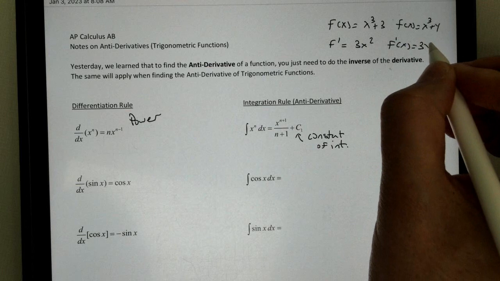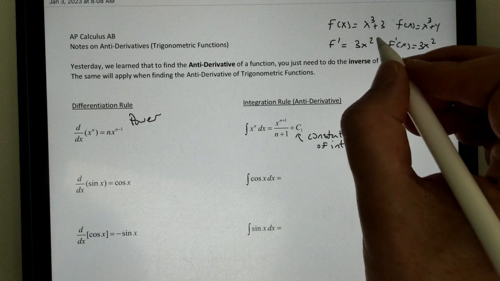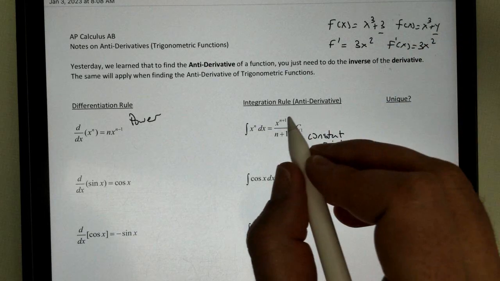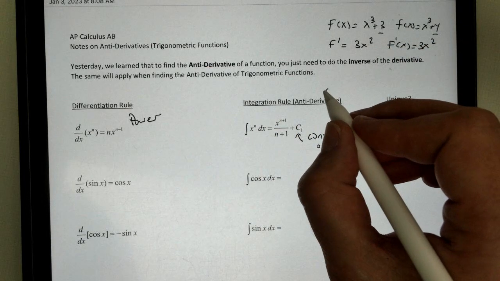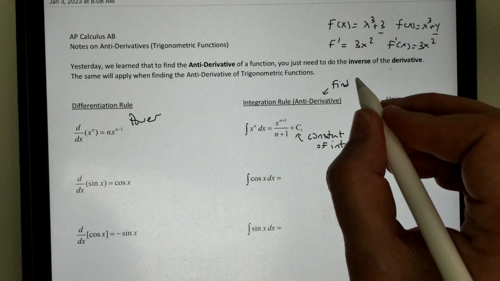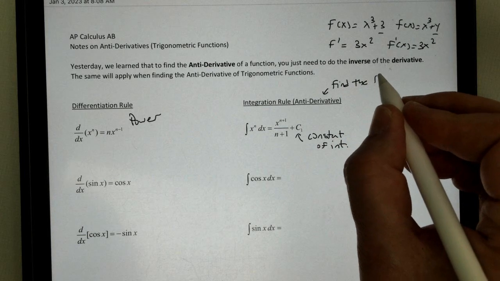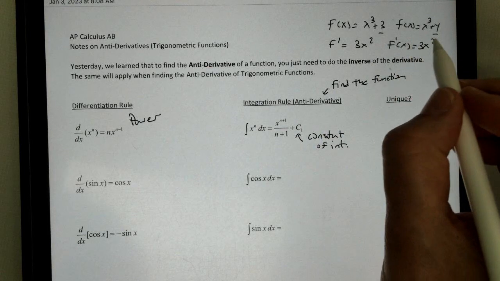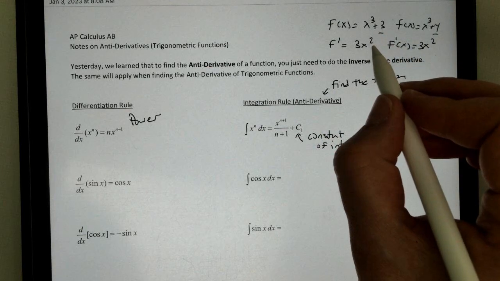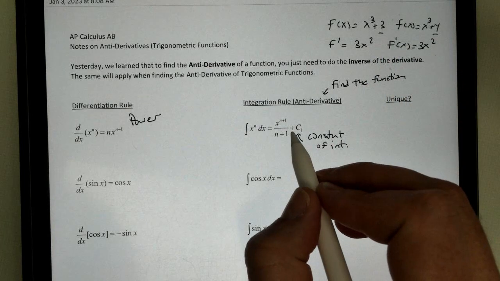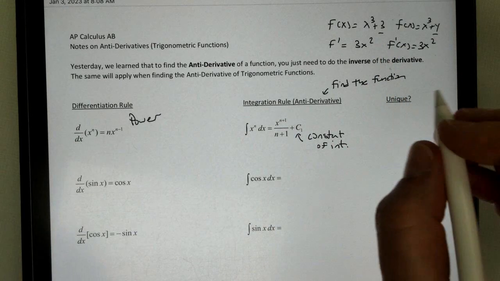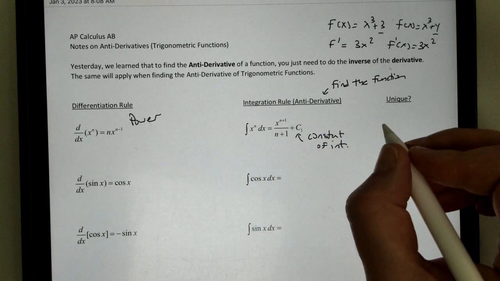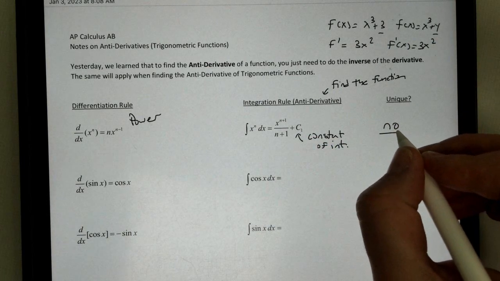We get 3x squared for both of them. We don't initially know what the original constant was for the function, because remember, for the antiderivative, we are trying to find the original function itself. Given the derivative, find the function. Because we don't know what the original plus c was, since it becomes 0 when you take the derivative, we just add this plus c. And that means something for us. It tells us that this is not unique. So is this going to be unique? And of course the answer is going to be no.